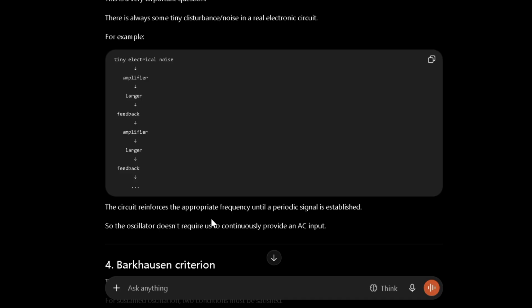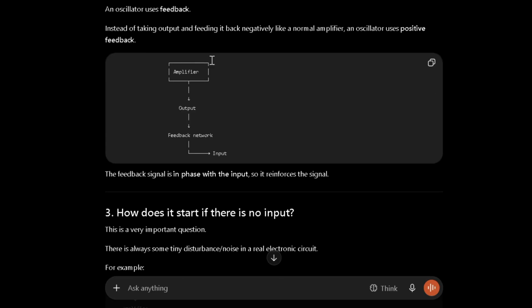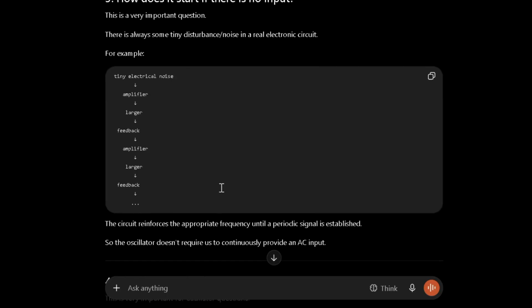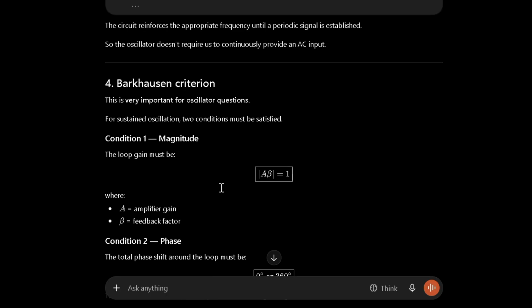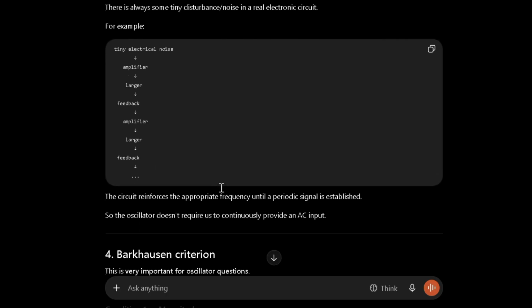The circuit reinforces the appropriate frequency until a periodic signal is established, so the oscillator doesn't require us to continuously provide an AC input. Amplifier output goes to the feedback network input, and back again to the input. Here we use positive feedback.